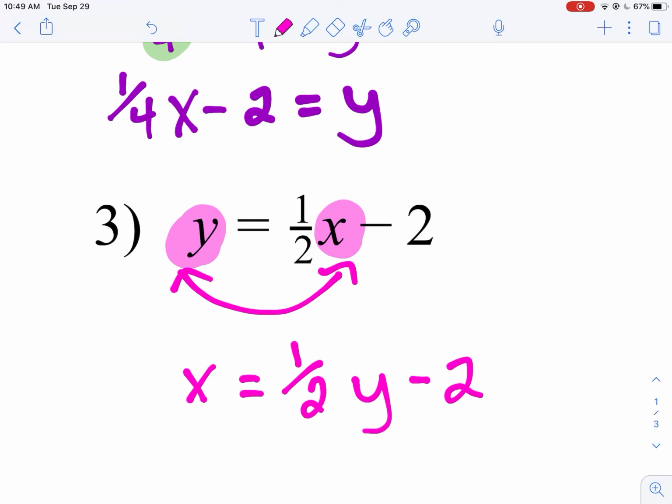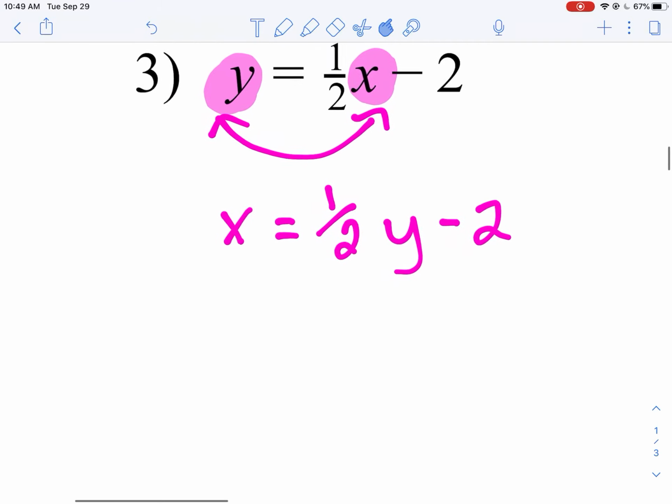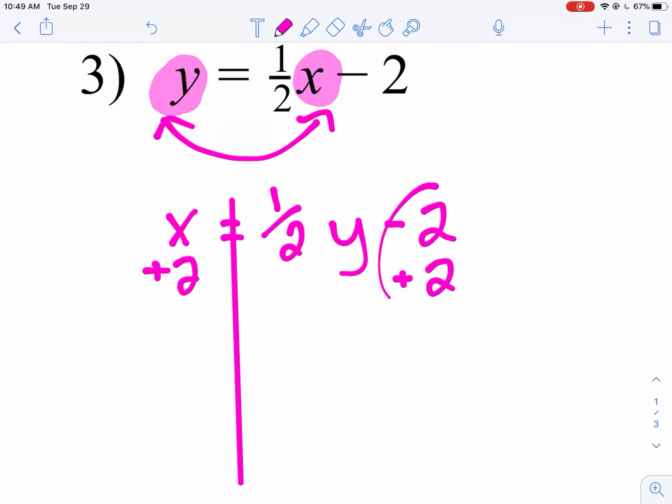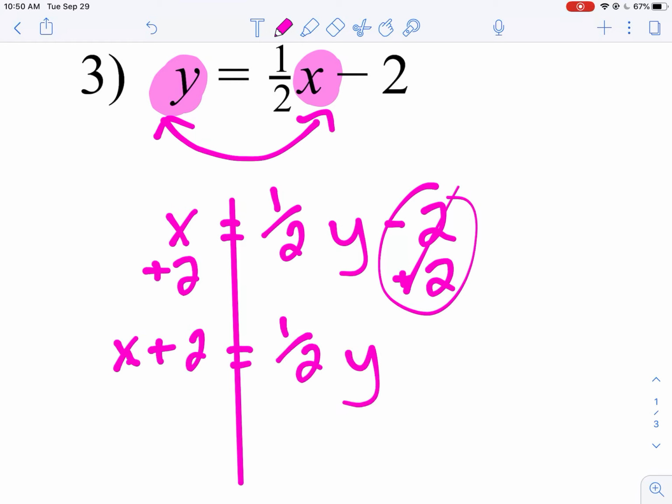Now again, my goal is I want to isolate y. So I'm going to undo that addition and subtraction first. I'm going to write down a nice line down here so I can keep track of stuff. I'm going to add 2 over here. I'm going to add 2 over here as well. These cancel out. I'm left with x plus 2 equals 1/2 y.